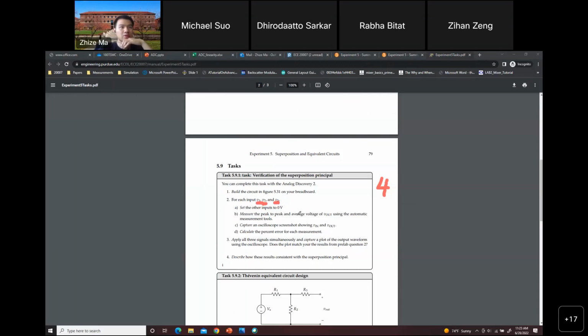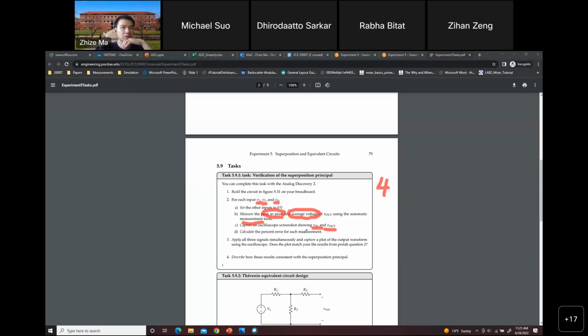When you take the screenshot, make sure you include both input and output, and include the measurements, which are the peak to peak and also the average. So in total 4 screenshots: 3 for the individual voltage inputs, and another for the overall output.